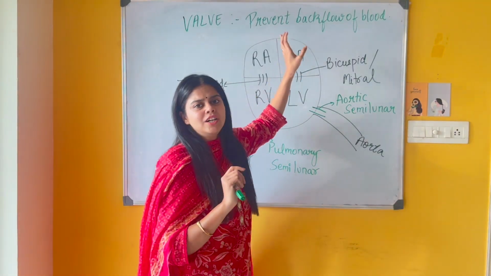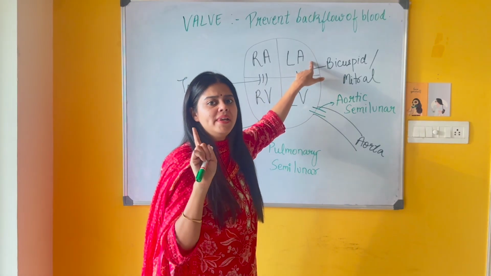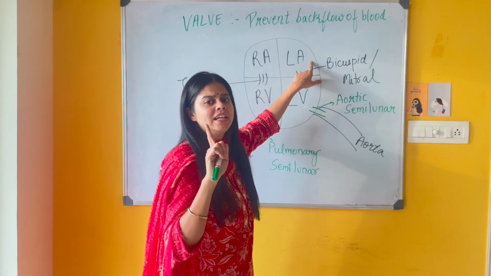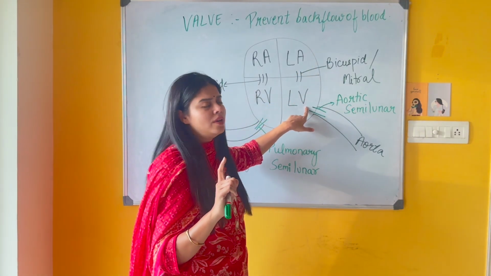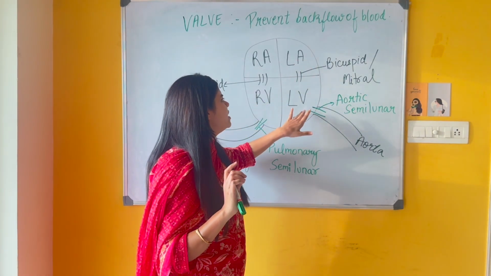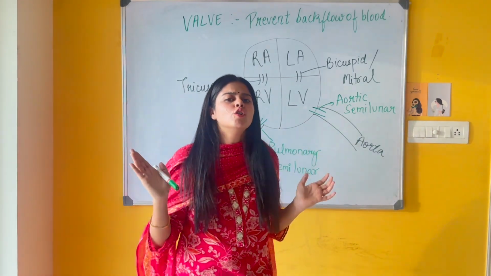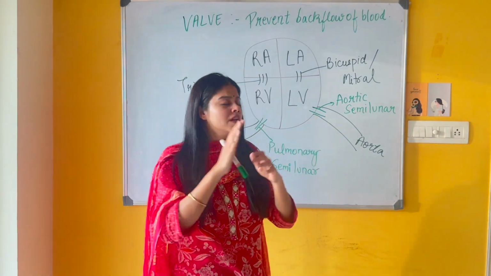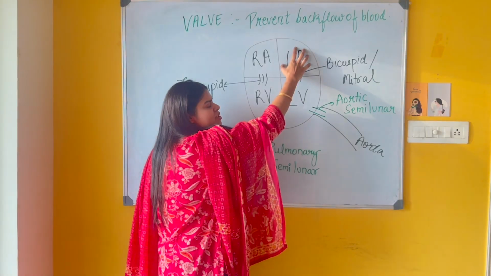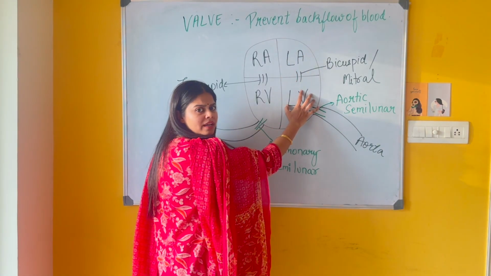The oxygenated blood from the lungs comes down to the left auricle. From the left auricle, the oxygenated blood has to come down to the left ventricle. When blood is coming from the left auricle to the left ventricle, will this gate-like structure open or close? Will open. So the oxygenated blood is in the left auricle. Now it has to come down to the left ventricle.